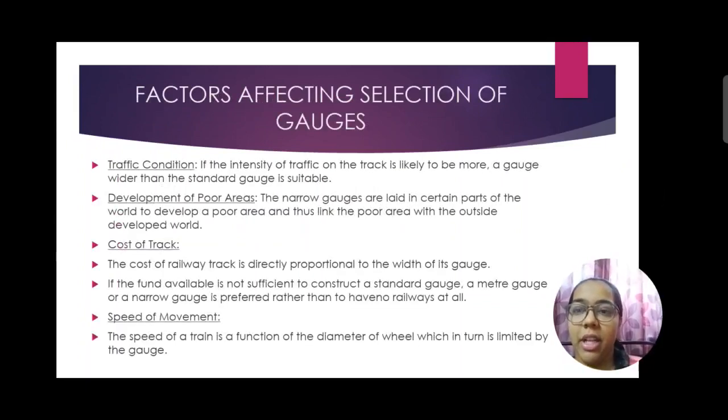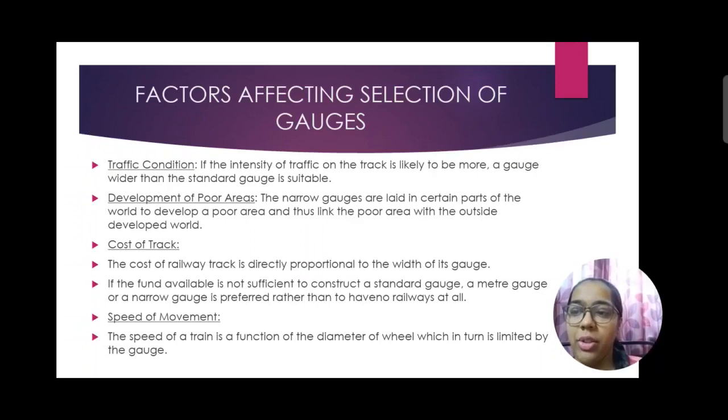The factors affecting selection of gauges are: first, traffic condition. If the intensity of traffic on the track is likely to be more, a gauge wider than the standard gauge is suitable. Second, development of poor areas. Narrow gauges are laid in certain parts of the world to develop a poor area and thus link it with the developed outside world.